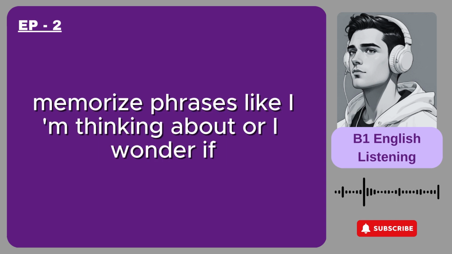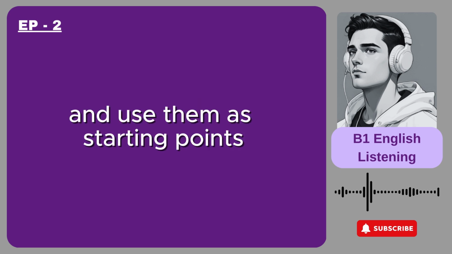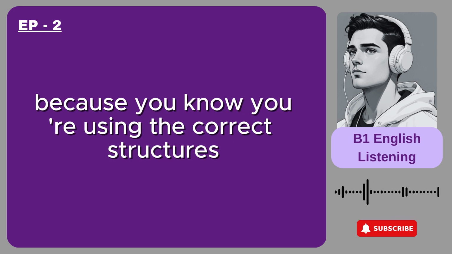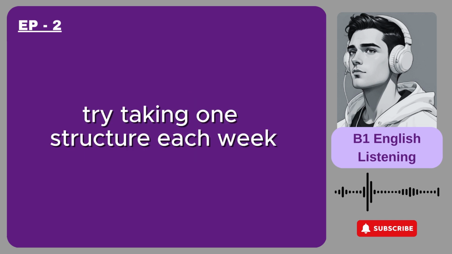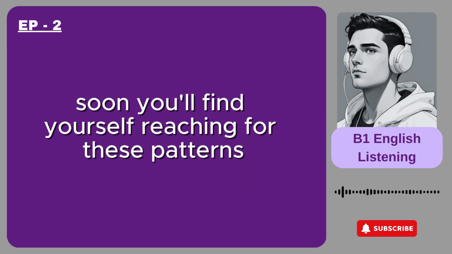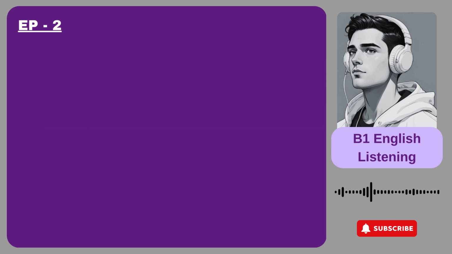Memorize phrases like "I'm thinking about" or "I wonder if," and use them as starting points. These give you confidence because you know you're using the correct structures. Try taking one structure each week and using it repeatedly in different contexts. Soon, you'll find yourself reaching for these patterns automatically.